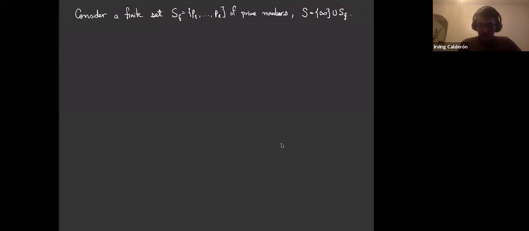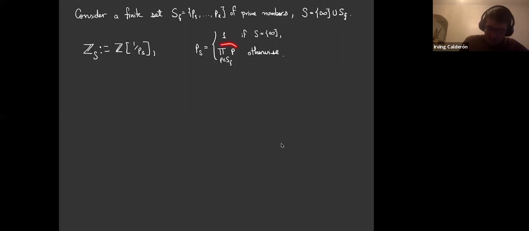And now the ring of S-integers is defined as Z[1/P_S], where P_S is simply the product of the prime numbers in S_f. If there are no prime numbers, we define P_S to be 1. So when S is equal to infinity, Z_S is simply the integers.